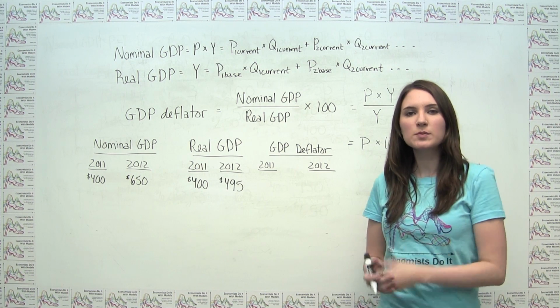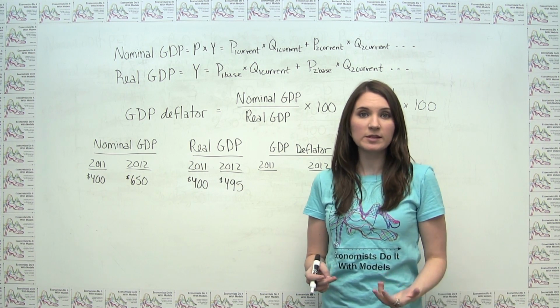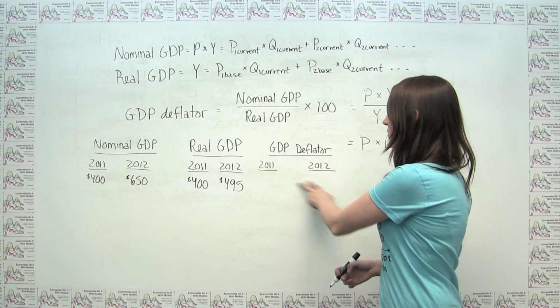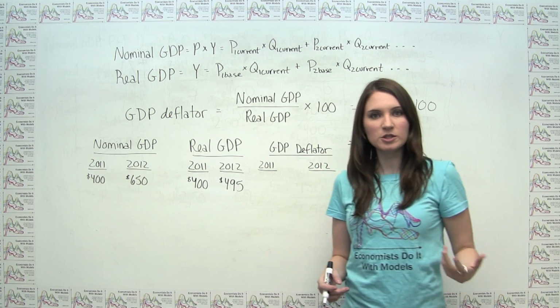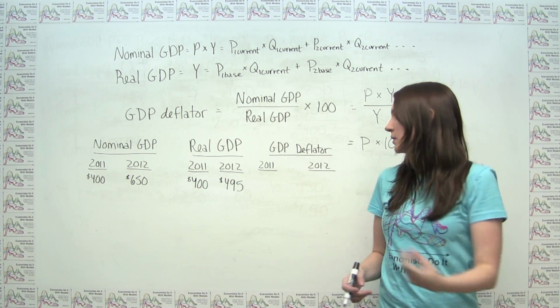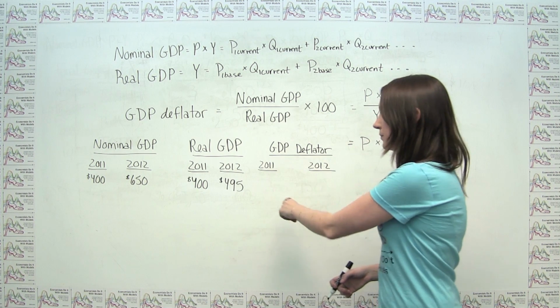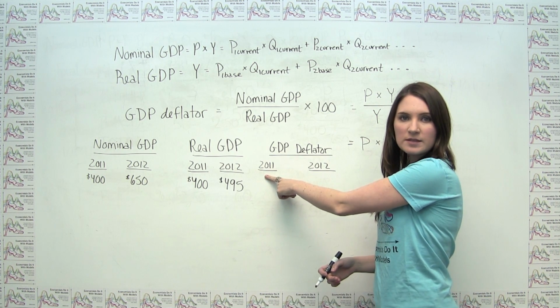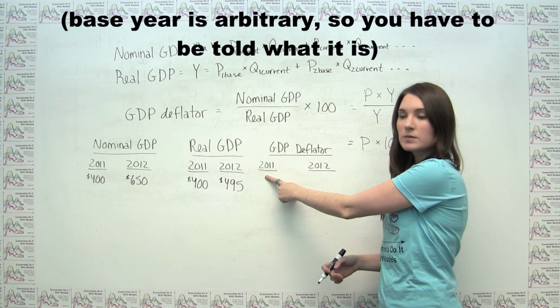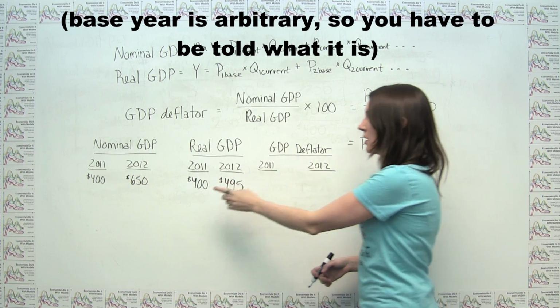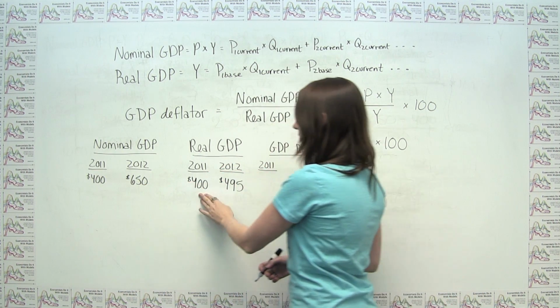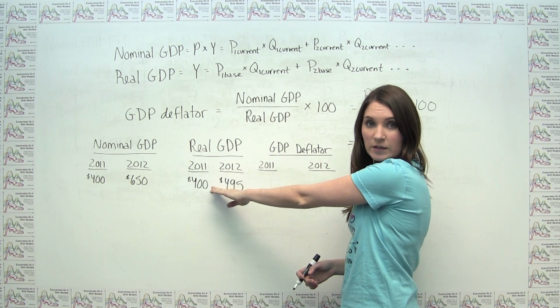We can use the GDP numbers that we calculated in our previous example to think about how we would go about calculating our GDP deflator. So for example here, we said that 2011 was our base year. And you'll notice in the base year, nominal GDP and real GDP are in fact the same thing.